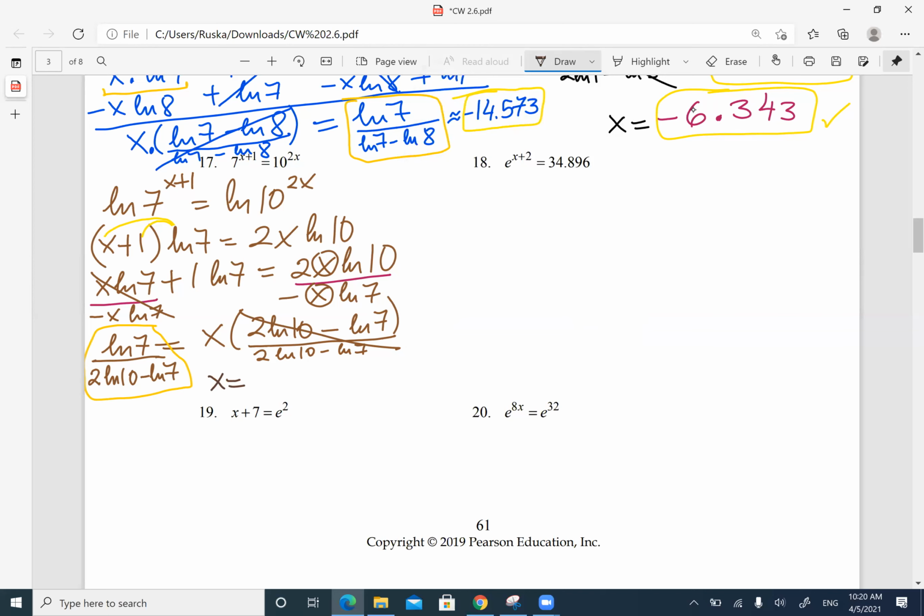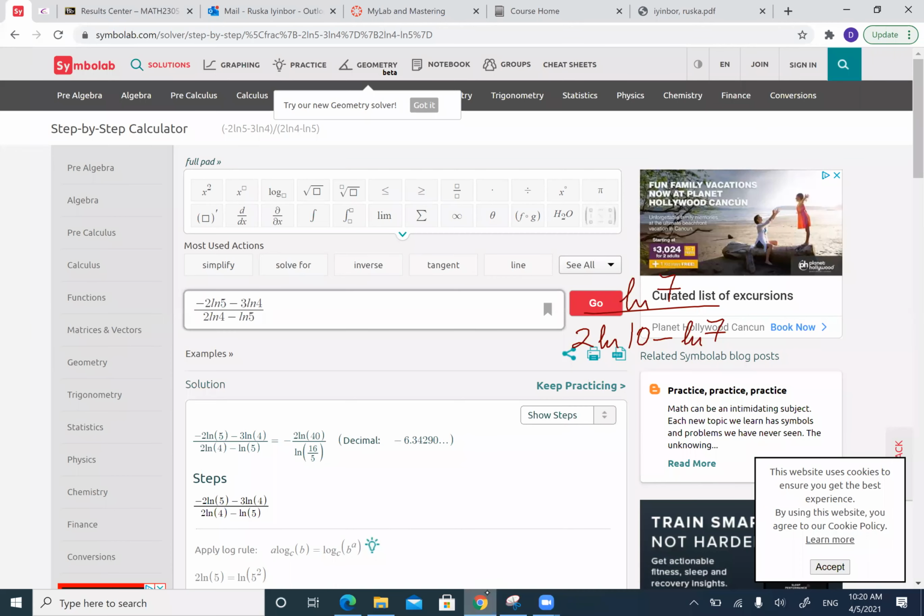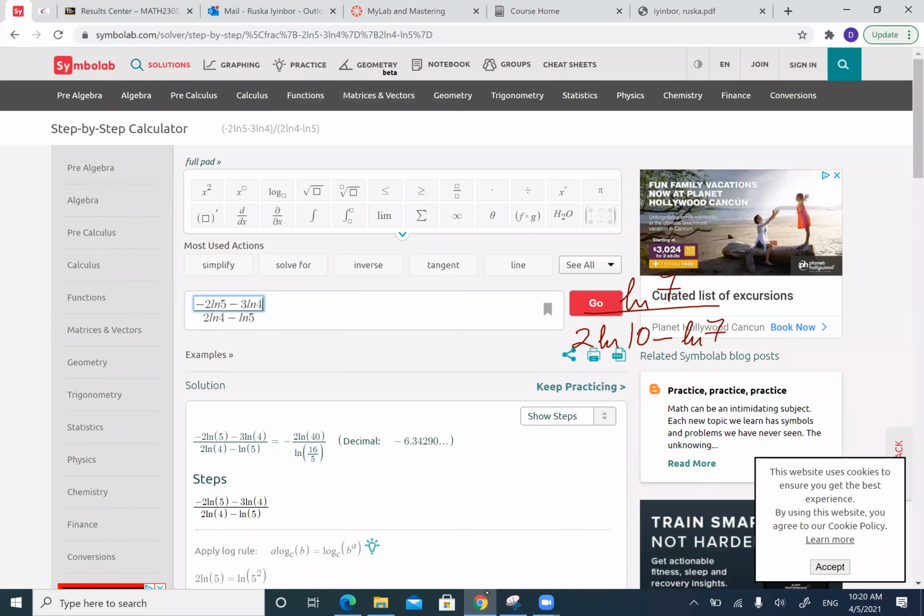Okay, so let me put this also onto the screen so I can have it. So I'm going to plug it in the calculator: ln of 7 divided by 2 ln of 10 minus ln of 7. So this is going to go to the calculator. In the top, I'm going to have only ln of 7.